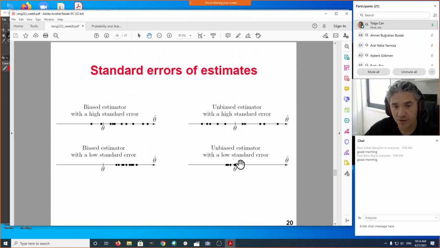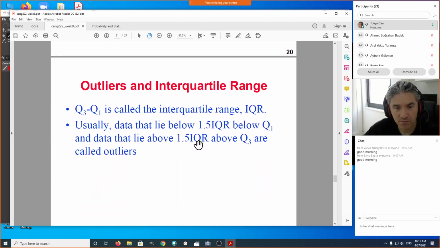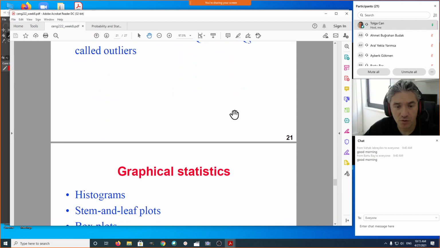But chapter 8 is basically just definitions. Again, standard error is the variation of our estimator. How varying our estimator is, that's our standard error. So we talked about this 1.5 interquartile range rule.